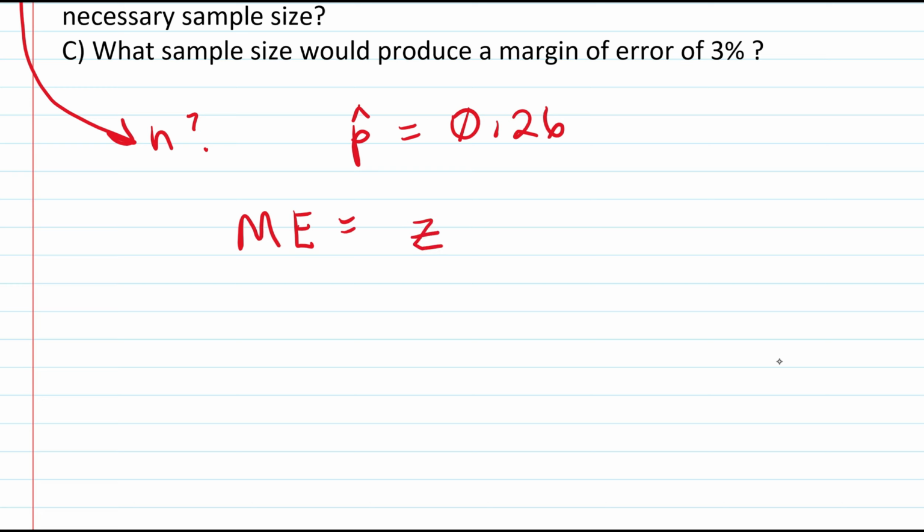ME equals Z asterisk times the square root of p hat times q hat, all divided by n. Right, so this is going to be used to help us find that required sample size. All right, so then we would calculate the margin of error to find the Z asterisk value.